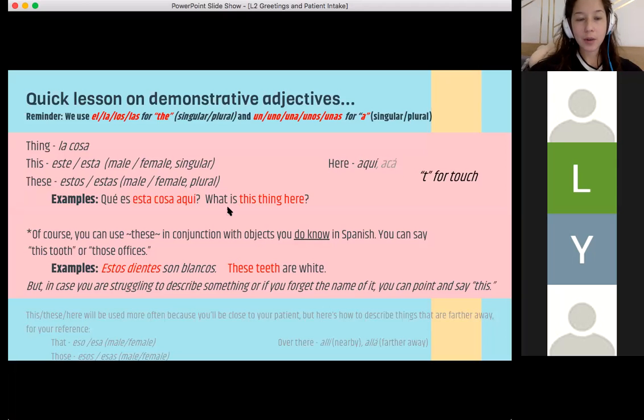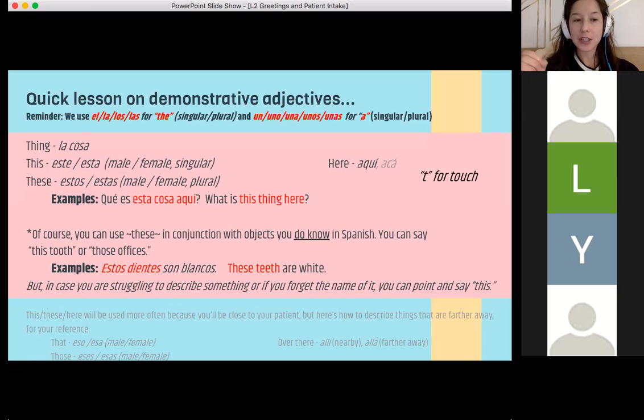And one quick thing to remember, there's other words for saying that and those, and they sound very similar to este, esta, estos, estas. Those words are eso and esa. And the way you could differentiate between these two is think that there's a T in the word este and esta.